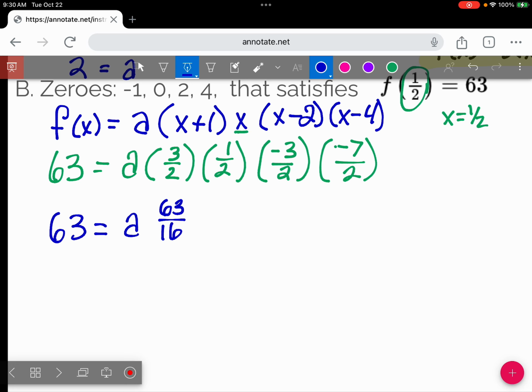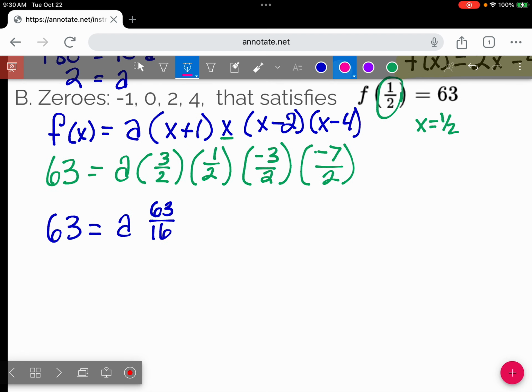Because to get A by itself, what do we need to do? So you can do this in 2 steps if we've forgotten what we do. So multiply by 16 on both sides. That guy cancels out. I'm going to leave it as a product here for a second. 16 times 63 equals A times 63. Divide both sides by the 63.